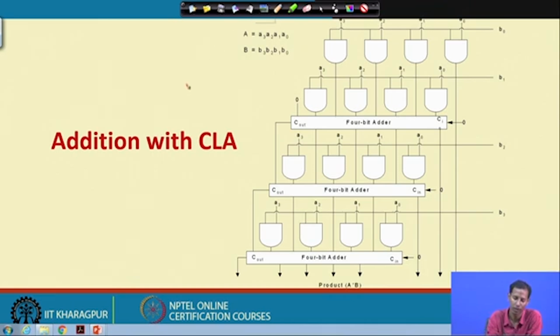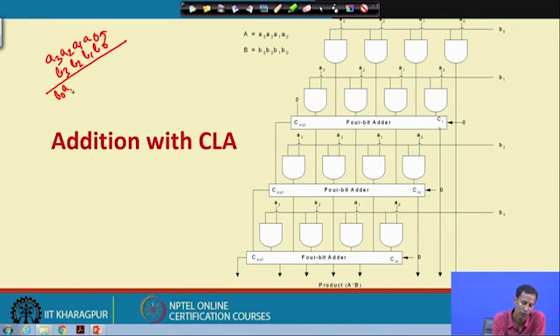If I am multiplying A3, A2, A1, A0 with B3, B2, B1 and B0, what I have to do? Initially, B0 will be multiplied with each bit of this. So, that means now B0 A3, B0 A2, B0 A1, B0 A0, right.